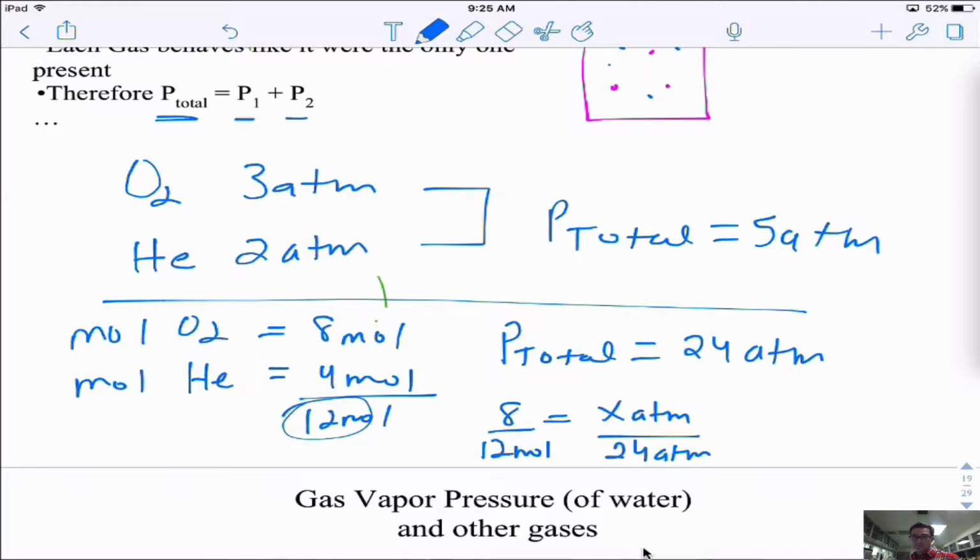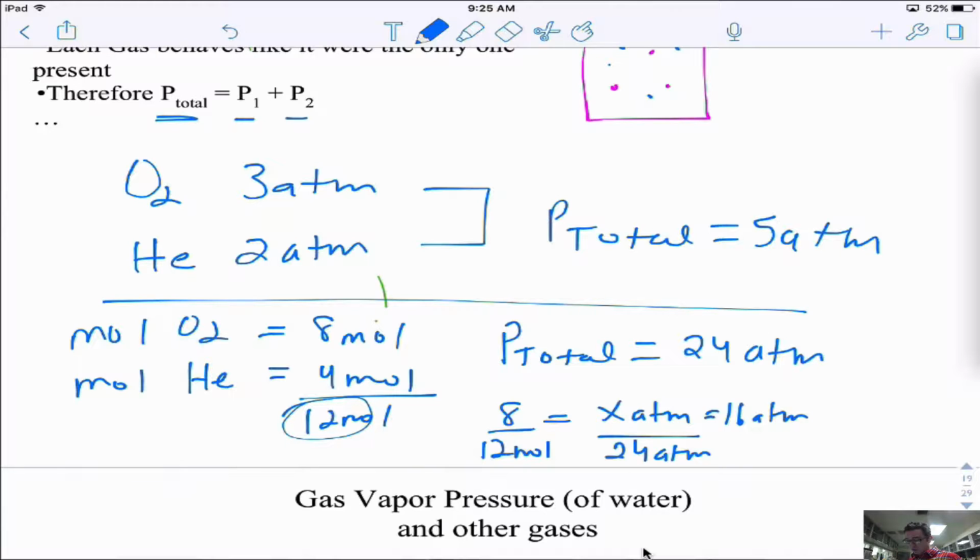So now we could do the math and figure out, what's X? 8 twelfths, that's 3/4. So what's 75% of 24? Or you could cross multiply if you wanted to. You could do 8 times 24, and then divide that by 12, and you would get your answer as 16. So we would have this as 16 ATM.